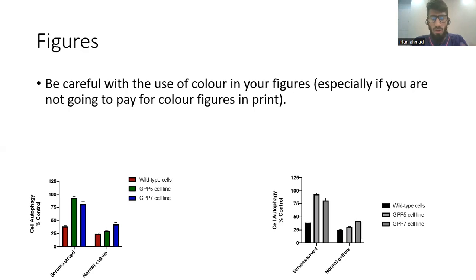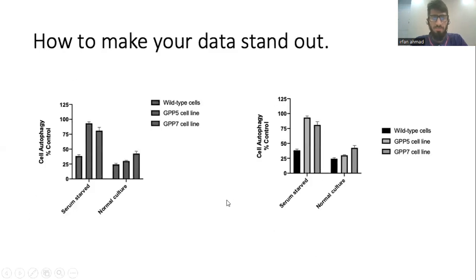If you use color, then when they print it in black and white, all the columns and all the bars in the graph come out in the same shade. So it's better to use black and white if you don't want to pay for the colors.